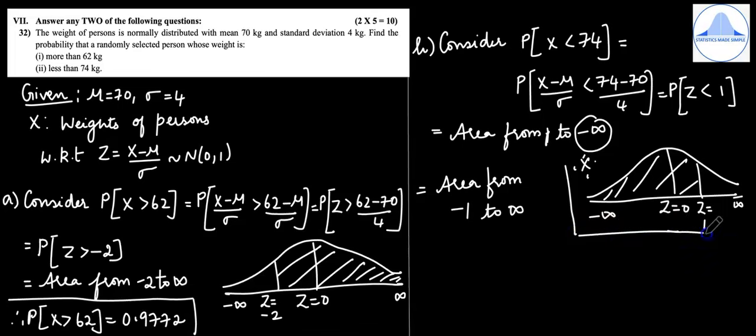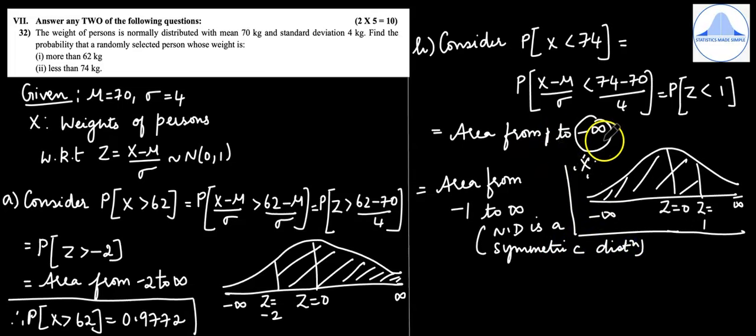We can write this step because the normal distribution is a symmetric distribution. Only because the normal distribution is symmetric, the area from 1 to minus infinity will be the same as the area from minus 1 to infinity. So this is equal to, under z column search for minus 1 and then look under column 0. So you will get probability of x less than 74 is equal to 0.8413.